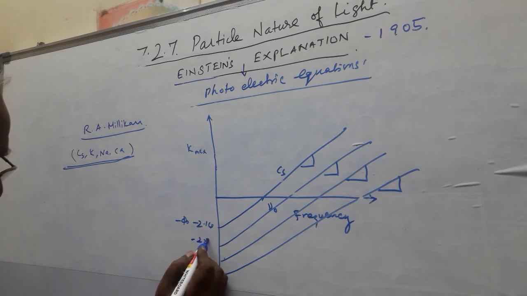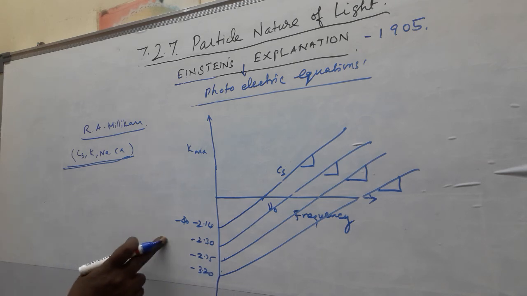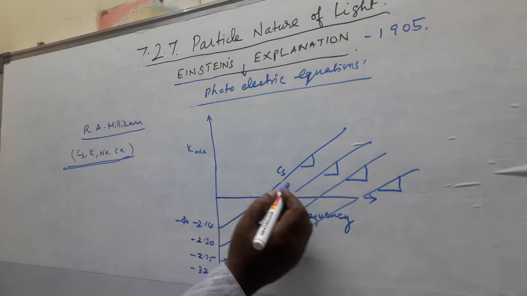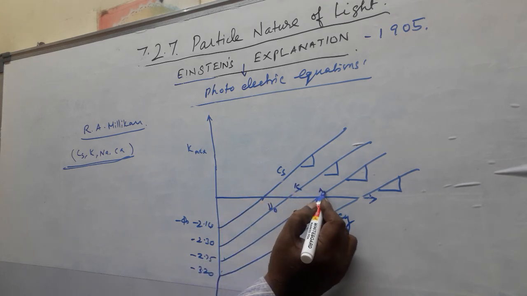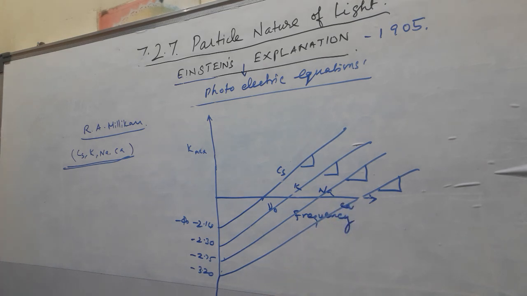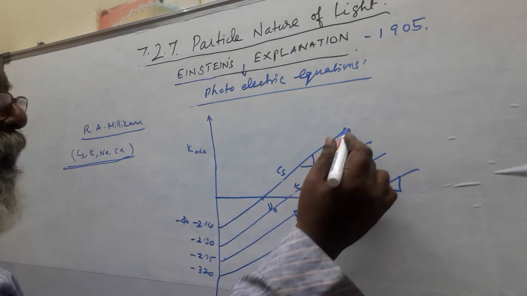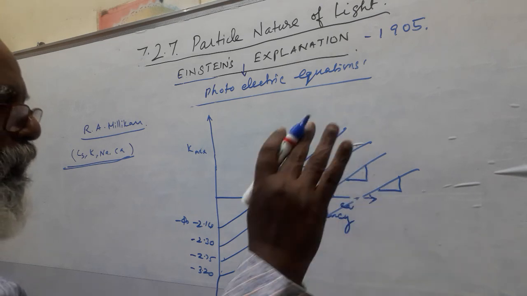We studied this initially in this chapter. Then sodium is minus 2.75, and the last one is minus 3.20. This is the work function needed for cesium, potassium, sodium and calcium. Here, one important concept that you have to understand: the slope of all these metals is the same.